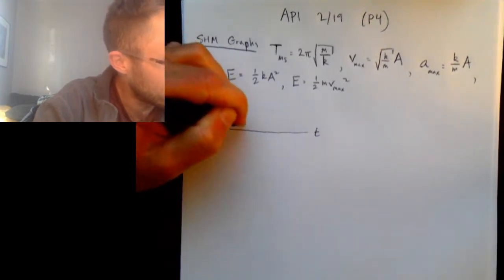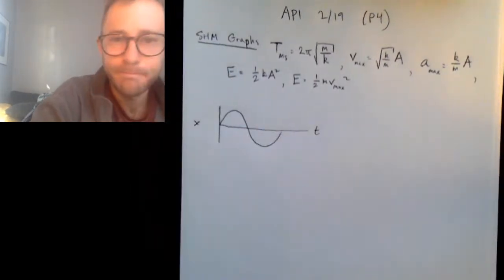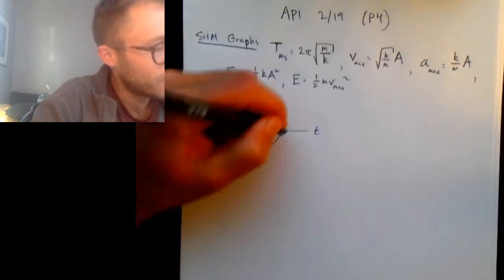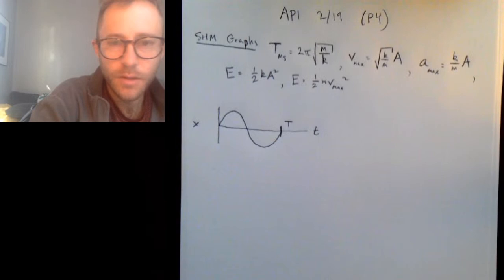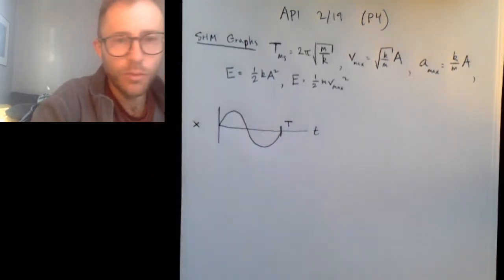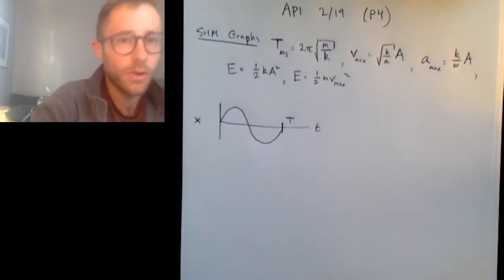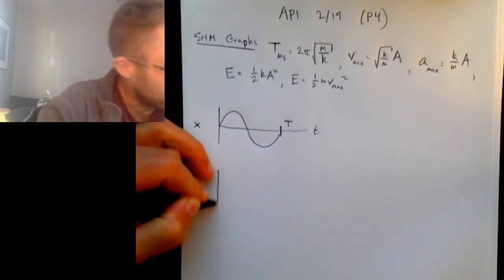It looks kind of like this. That is going to be 1 period, a full period. The first thing we want to do is graph the velocity as a function of time.